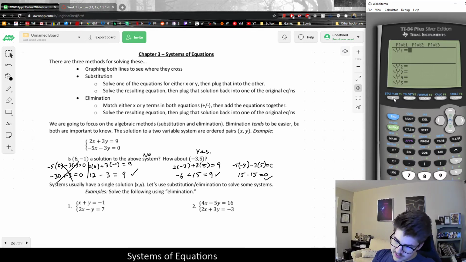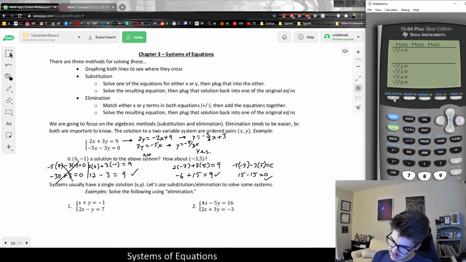So if we solved each for y, that would give me 3y is equal to negative 2x plus 9. Then if I divide by 3, y is equal to negative 2/3 x plus 3. In the second equation, I could add 3y to both sides and divide by 3, which would leave me with y is equal to negative 5/3 x.